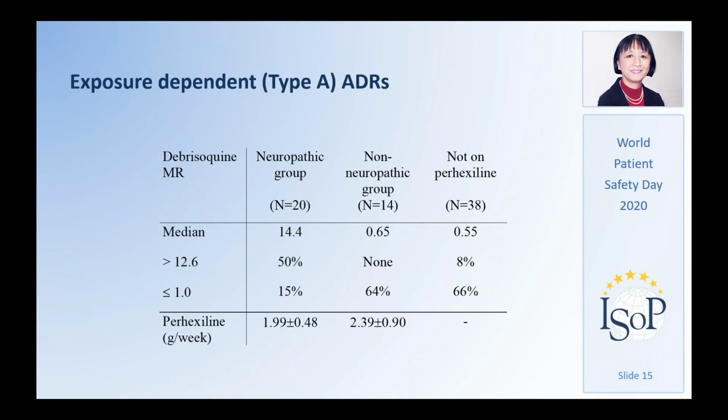This is because of the poor metabolism in the patient group with adverse drug reactions compared with the patients without adverse drug reactions. And 50% of the patient group with adverse drug reactions are poor metabolizers with a metabolic ratio above 12.6. So this illustrates the importance of individualized dosing, to find the right dose in the right patient.